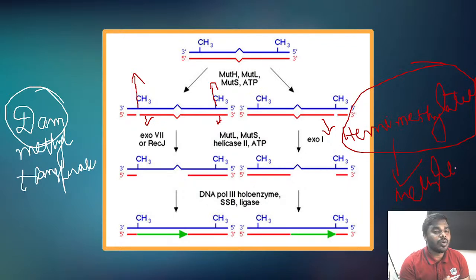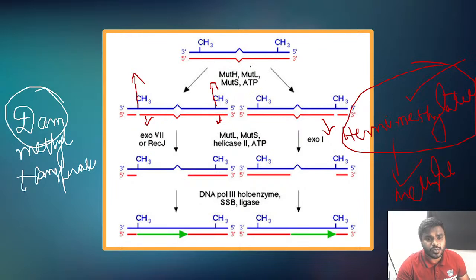Then how can the DNA repair mechanism enzymes differentiate which is the parent strand and which is the daughter strand? They can't understand. If they can't differentiate, they never do the repair. Simple point. So in a simple way, we have to repair the damage in the daughter strand only when the daughter strand is in the hemimethylated form.